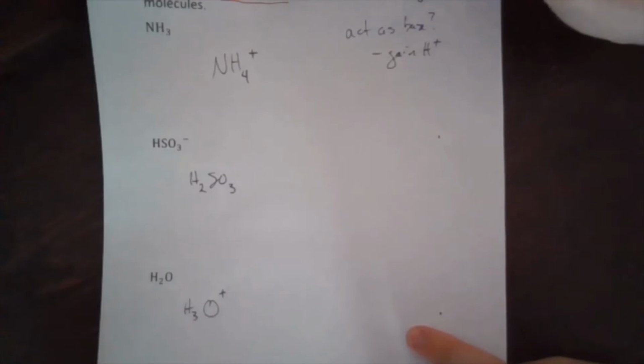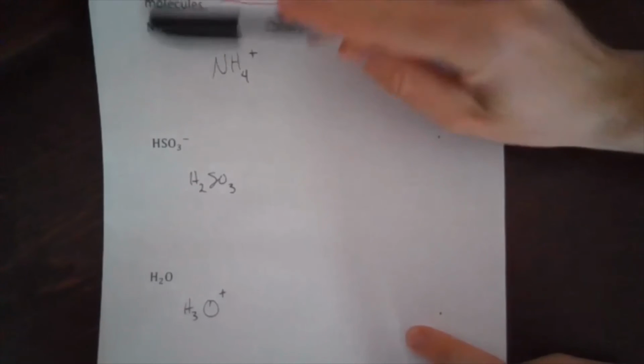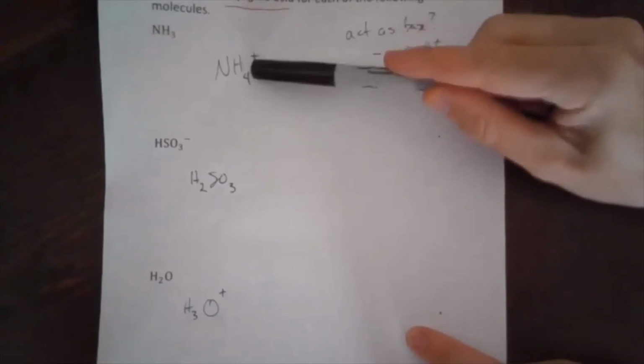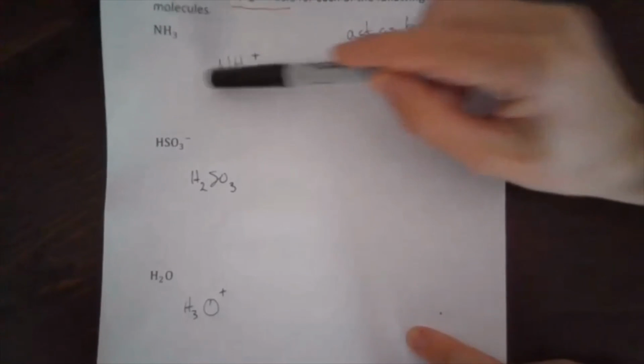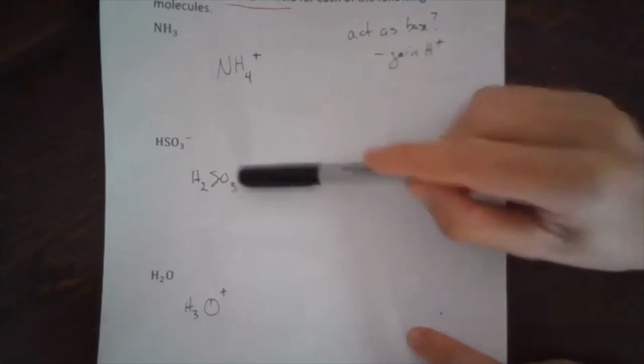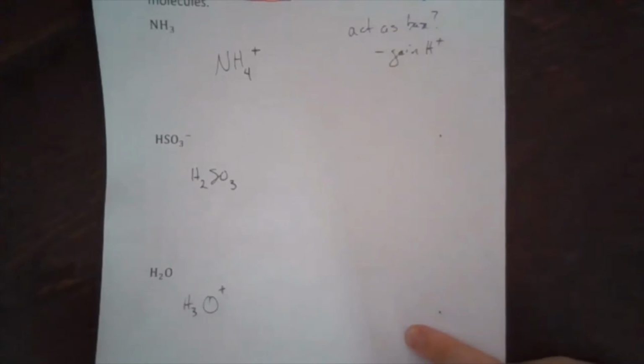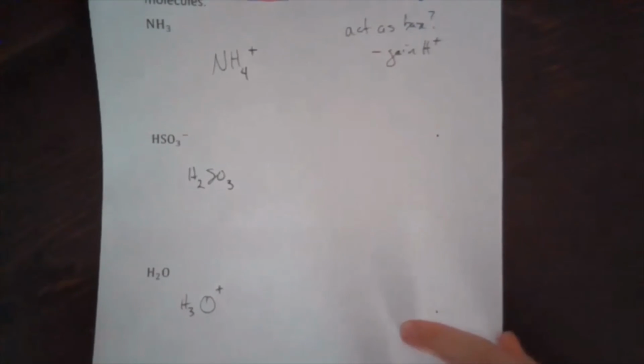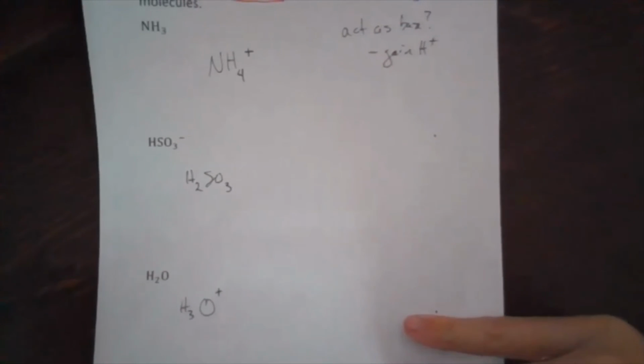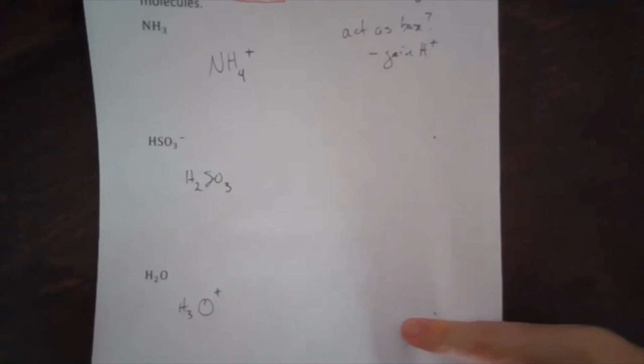So when we're looking at conjugate acid, we want to think about these molecules acting as a base. The conjugate acid always has one extra hydrogen than what you started with. So the conjugate base would be the opposite: one fewer hydrogen and one lower charge.